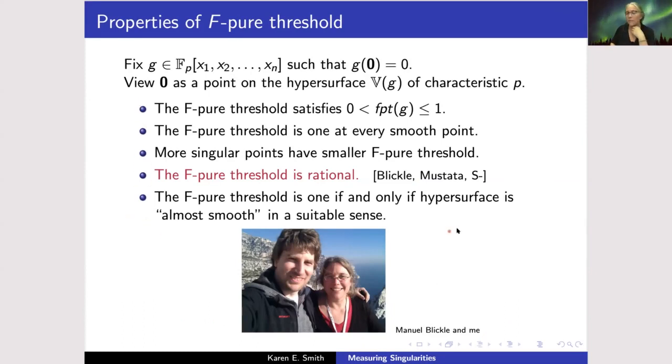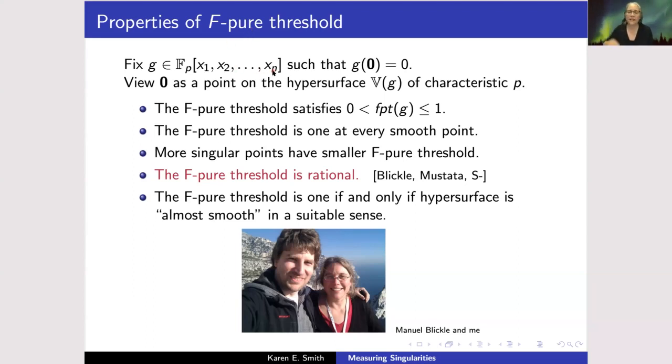These are all the same statements as for the log canonical threshold. So maybe I should just have called this properties of the singularity index. And that singularity index is either the log canonical threshold if I'm talking about complex hypersurfaces, and the F-pure threshold if I'm talking about hypersurfaces over fields of characteristic p.